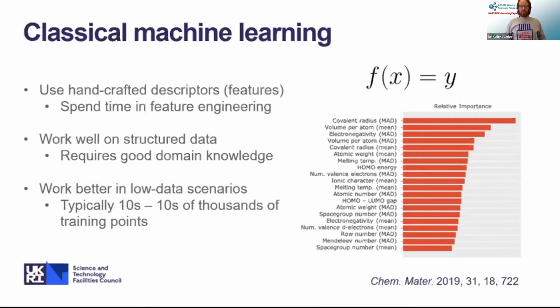Typically these types of classical machine learning approaches would be applied in scenarios where you have less data and your data is very well structured. It's structured in the sense that you have handcrafted descriptors that you can use to train your model. This is by no means exclusive, but typically it'll be in the tens of thousands of training points when you're doing this type of classical machine learning.